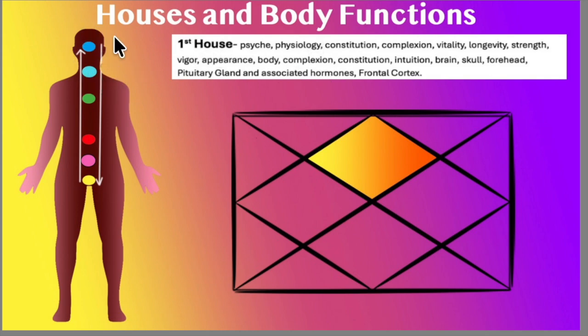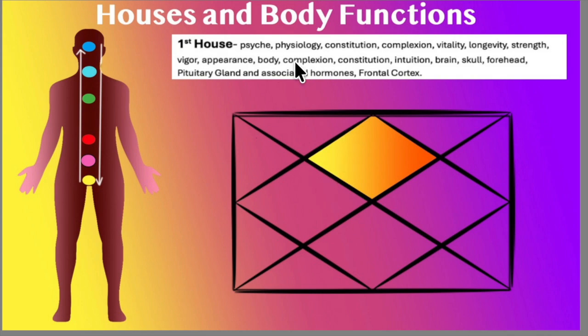Because the first house essentially stands for skull, therefore brain. Therefore, all the regulatory functions that the brain carries out from its different parts are responsible for the remaining parts of the body, because all the 12 houses of the Vedic astrology chart are about different kinds of functions in the body. Okay? You will see this as we go along, so you will get it by the time we reach the 12th house.